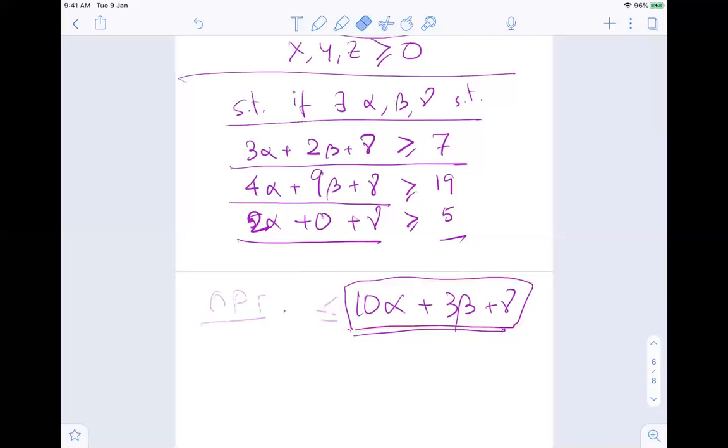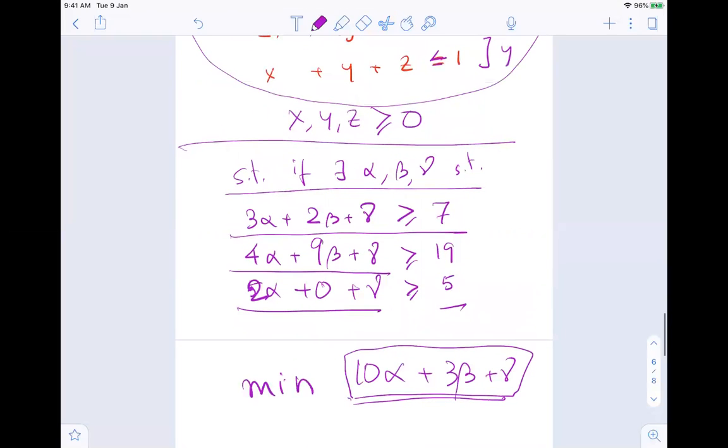So I can ask the same question: you minimize this quantity such that this holds.